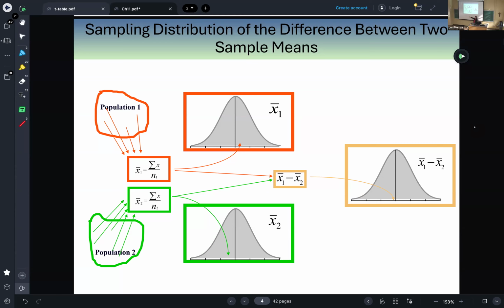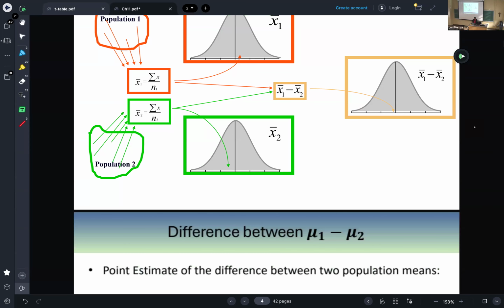What we do is we take a random sample from each population, and then we calculate the averages of each. And what we want to do is take the difference of the two means. That will tell us if there is a difference between them or not. This is how it's done.